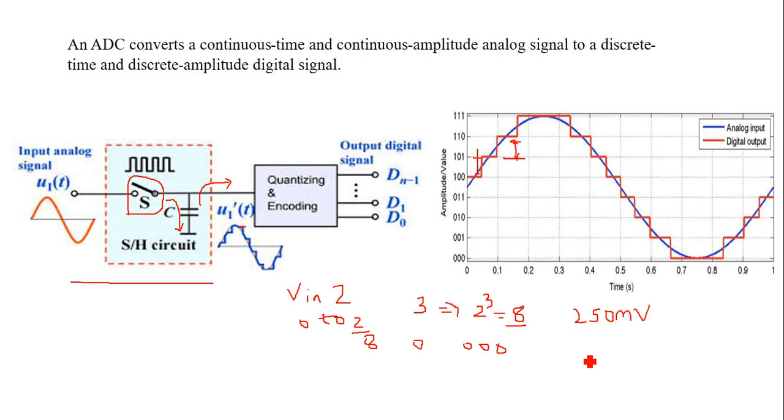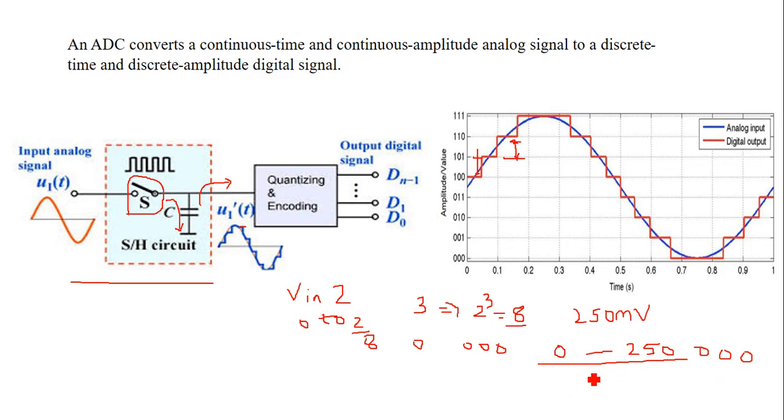Any value between 0 to 250 millivolt will show 000. If input Vin comes between any value of 0 to 250, it will give output 000.